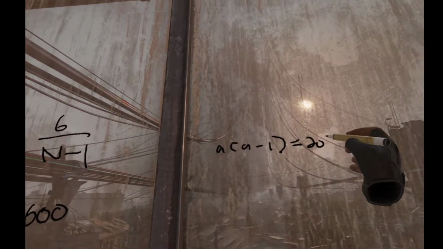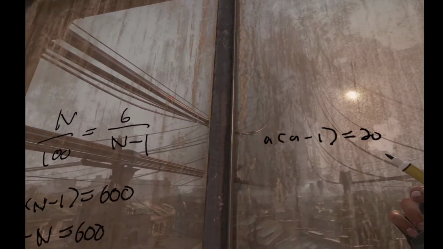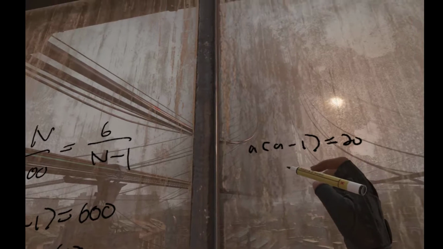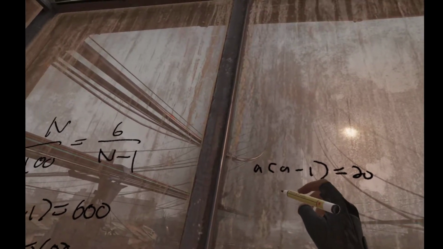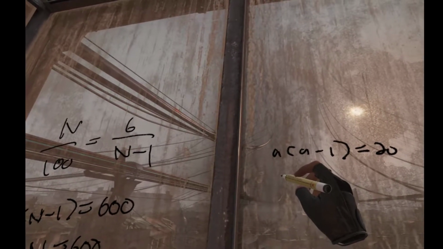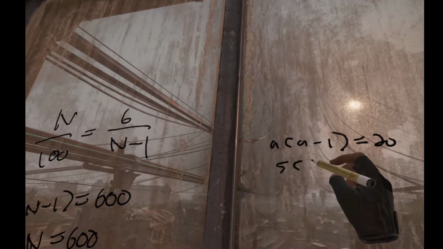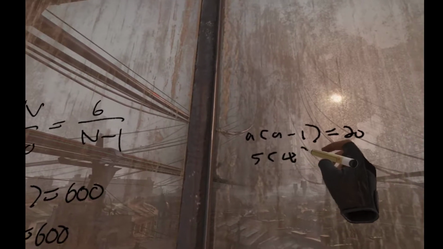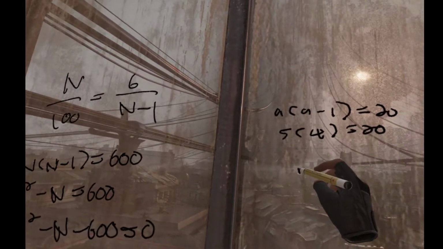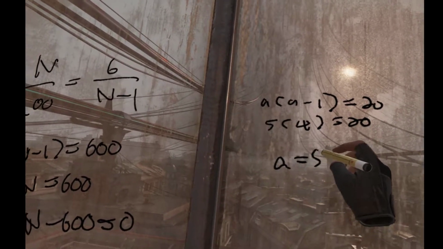The product of those two equals 20. If you can figure that out, you don't have to go through the quadratic equation, but it might not be so intuitive. For this example, the answer is 5 times 4, since a equals 5.